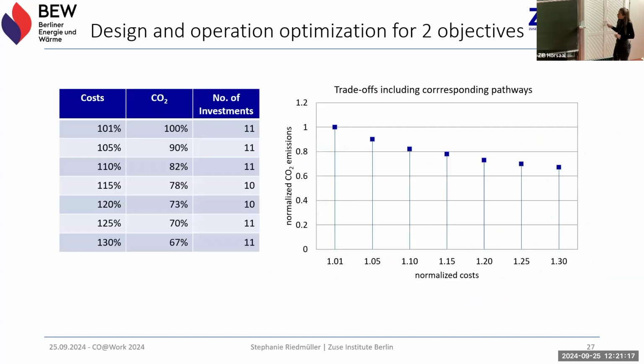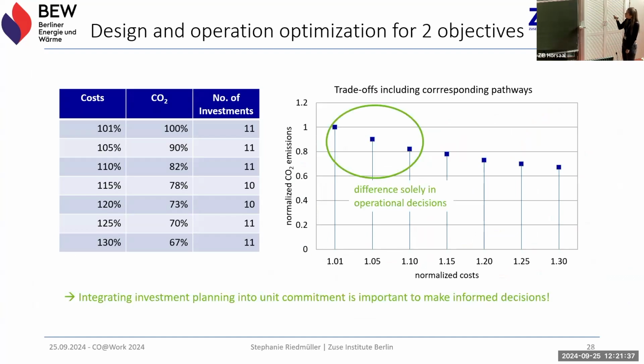And this is what I got out of it. I think it's interesting to see the trade-off between the costs and the CO2 emissions that I get from the different solutions. I can see how many investments are taken in the different solutions. And what I found most interesting is that for the first three solutions, I have exactly the same investment, not only the number, but really the same investments.